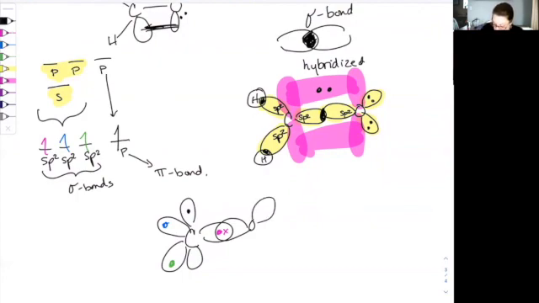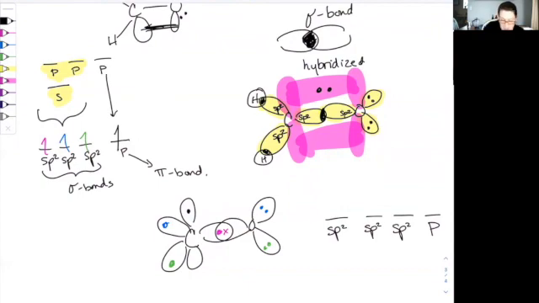So imagine oxygen's the same way. Oxygen has a lone pair in one orbital, a lone pair in the other orbital. Let me draw out those orbitals. So it is sp2, sp2, sp2, and the leftover p.